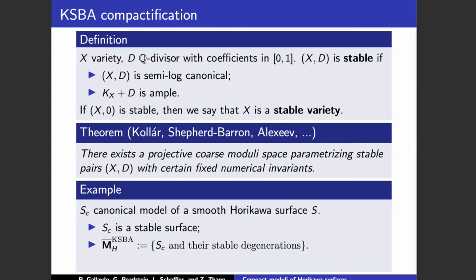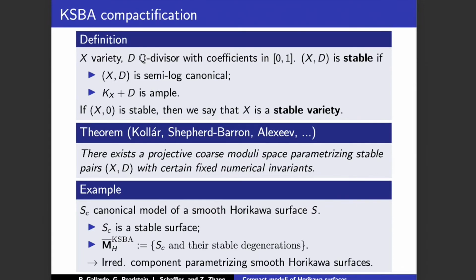What I would like to do is focus on the so-called main irreducible component that parametrizes, on a dense open subset, the smooth Horikawa surfaces, and also those canonical models. Of course, the problem of identifying this main component in a modular way is a very important problem, but today we will not worry about that. So we just pick the main irreducible component.